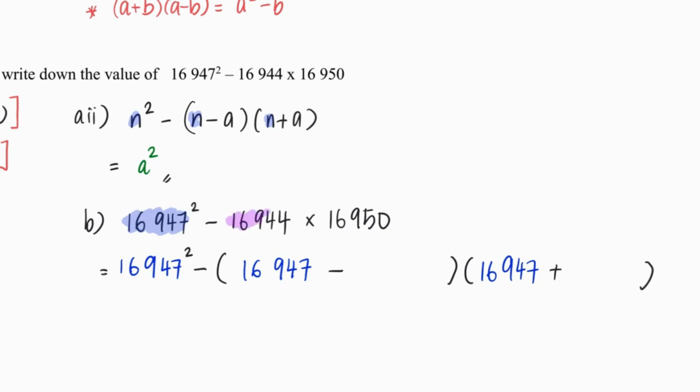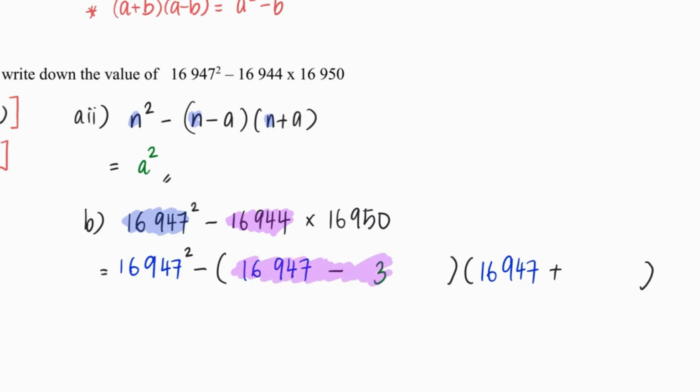come back to this. So what number should I minus from 16,947 to give me 16,944? Yes, if I minus 3, I will get back my 16,944.